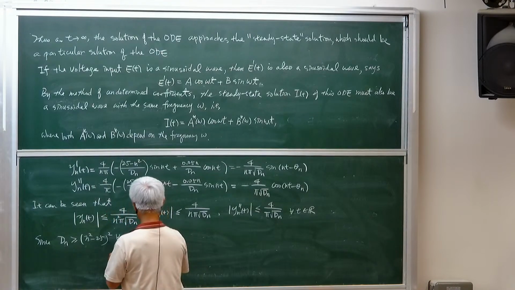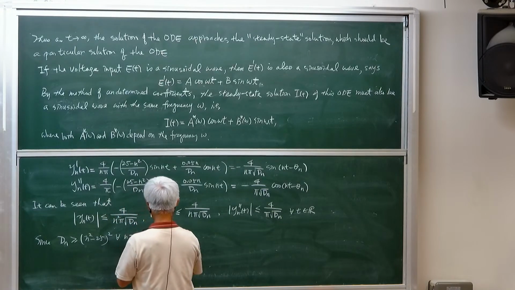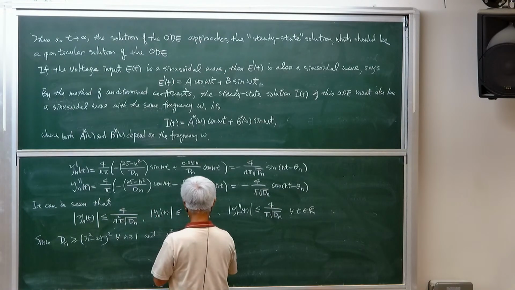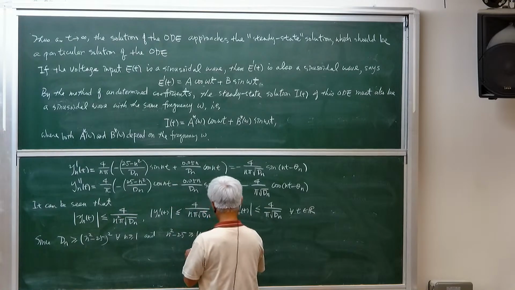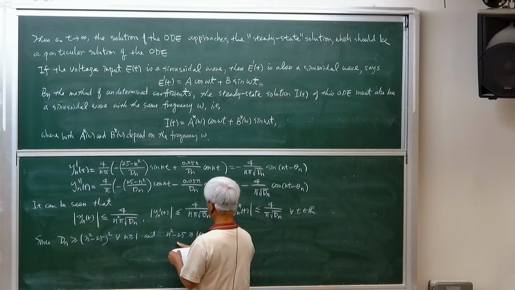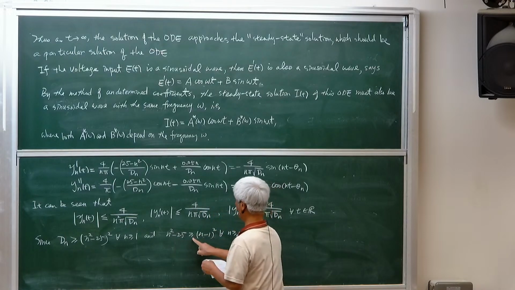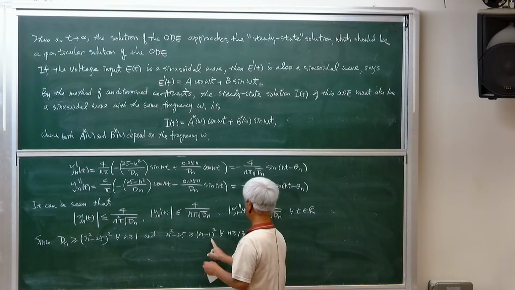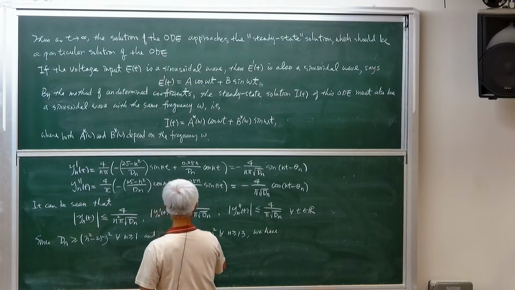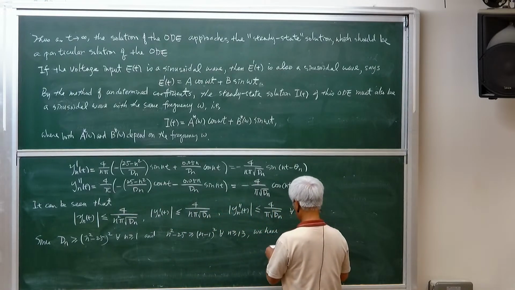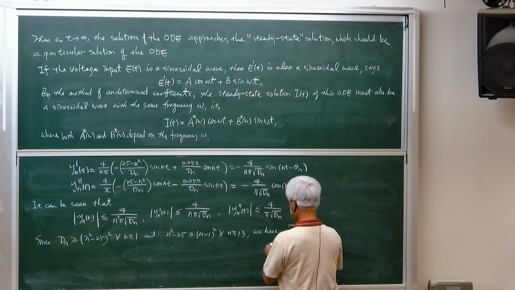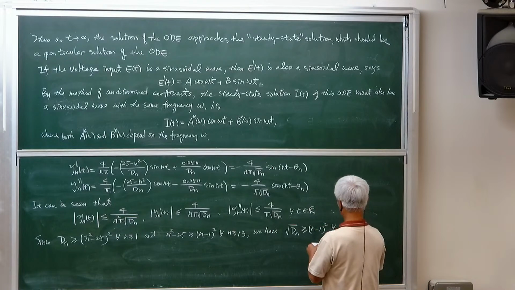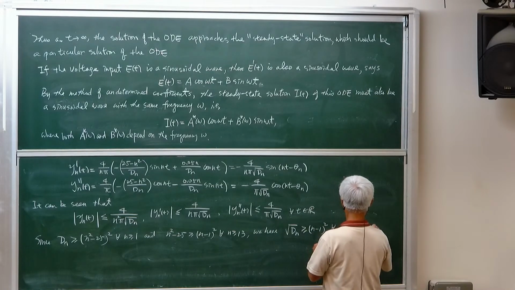And then we know n squared minus 25 is greater than or equal to (n minus 1) squared for all n greater than or equal to 13. So if n is big enough, we have this inequality. When we replace this one by this one, we know that the square root of D_n has a lower bound, which is n minus 1 squared, for all n greater than or equal to 13. Which implies that?